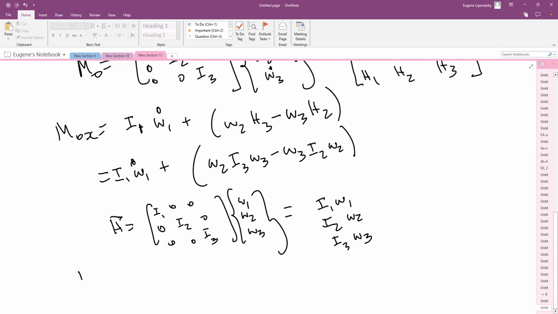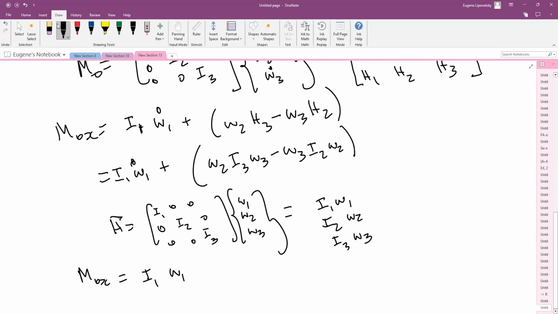So we write down again that M_OX equals I1 omega 1 dot plus, we can factor out, omega 2 omega 3 times I3 minus I2.